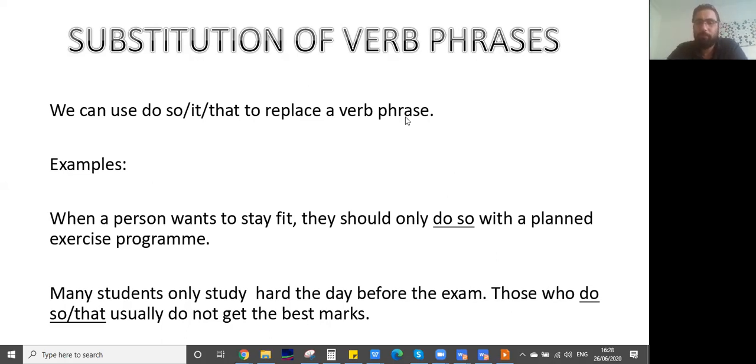Let's see what we have. Excellent, yeah. So here we're talking about staying fit. Let's move on to the second one. Many students only study hard the day before the exam. Those who do so or do that usually do not get the best marks. So here I have do so or do that.